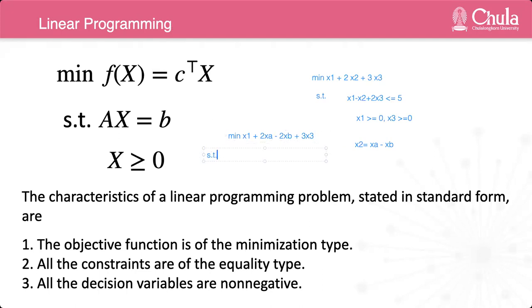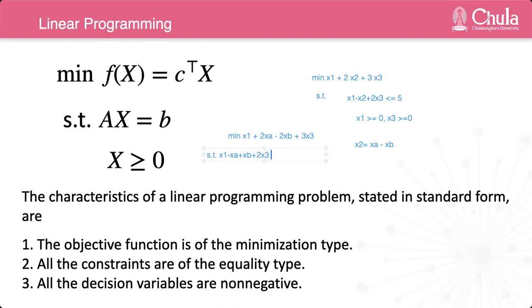For the constraint, you see that we have to replace x2 by xa minus xb. That is the first thing to do. So x1 minus xa plus xb, right? And then plus 2x3, right?